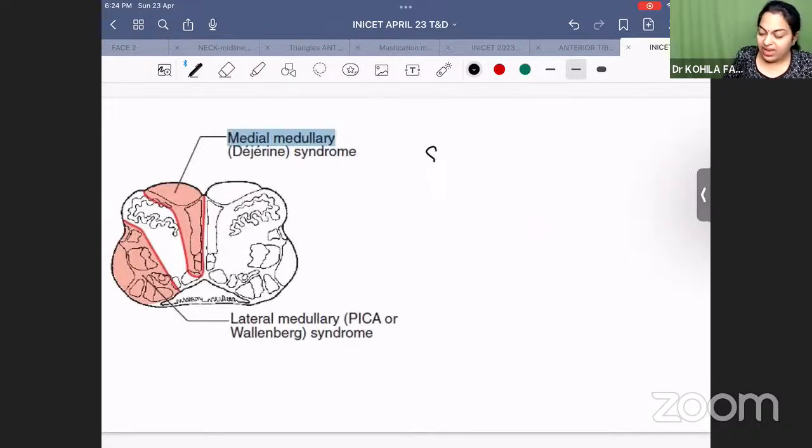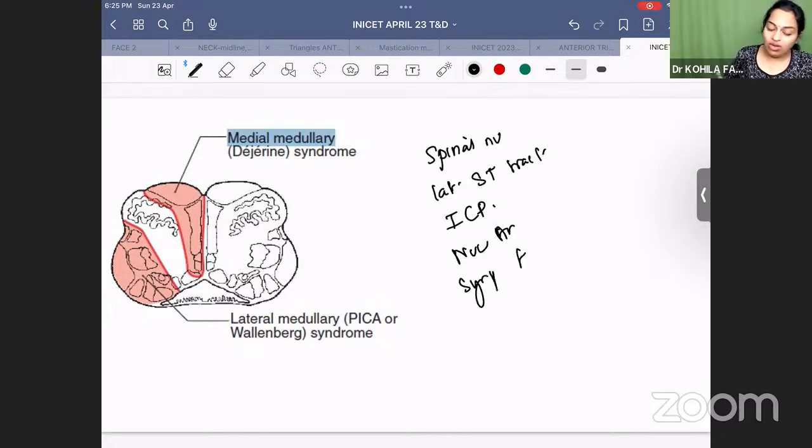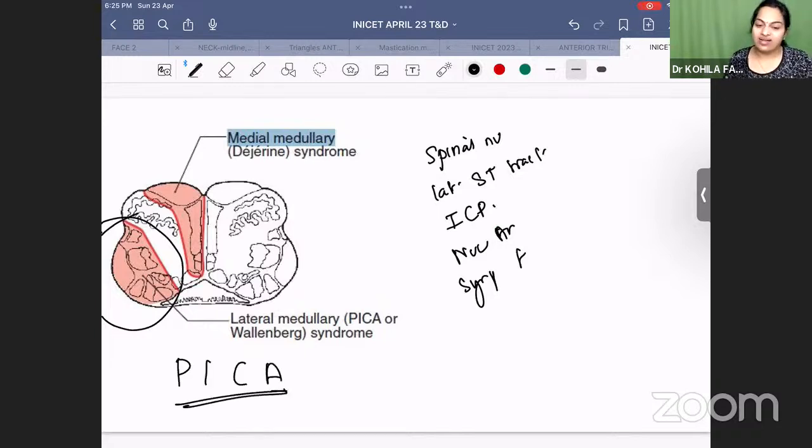Now, all these are placed where? The spinal nucleus of the trigeminal nerve, the lateral spinothalamic tract, the inferior cerebellar peduncle, the nucleus ambiguus, the sympathetic fibers are all placed over the posterolateral part of the medulla, which is supplied by the posterior inferior cerebellar artery.